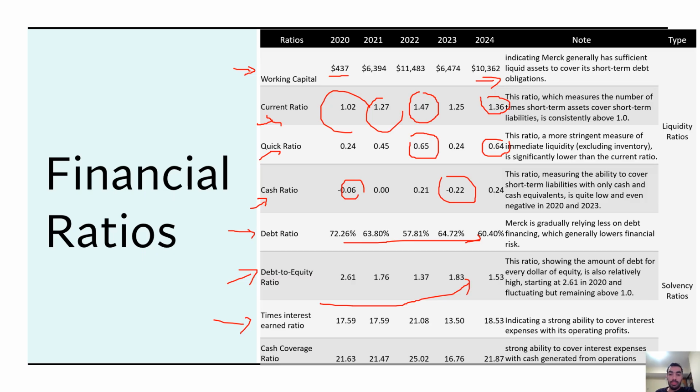It was peaking in 2022 and remaining robust in 2024. And the final one, cash coverage, is high and consistent, peaking in 2022 and staying healthy in 2024. So these were the two types of ratios.